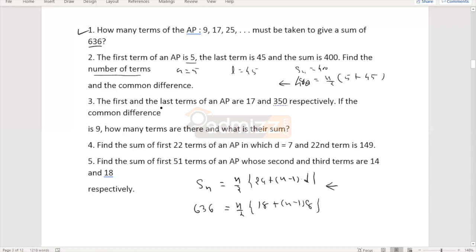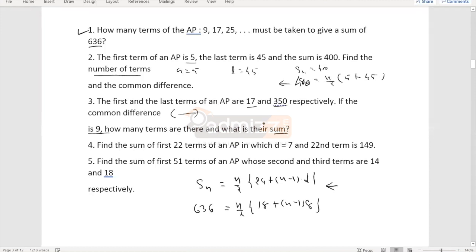Similarly, the first and last term of an arithmetic progression are 17 and 350 respectively. If the common difference is 9, how many terms are there and what is their sum?